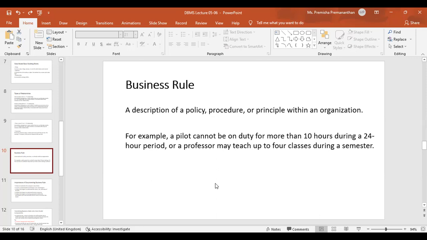Here, an example of a business rule is: a pilot cannot be on duty for more than 10 hours during a 24-hour period.